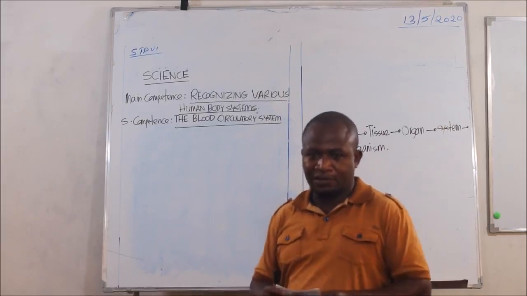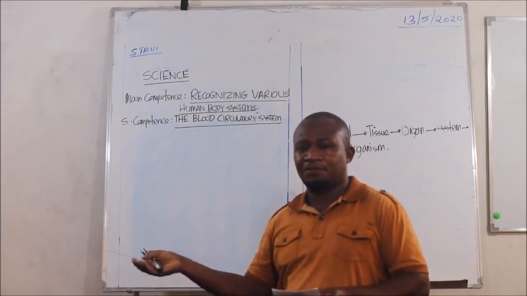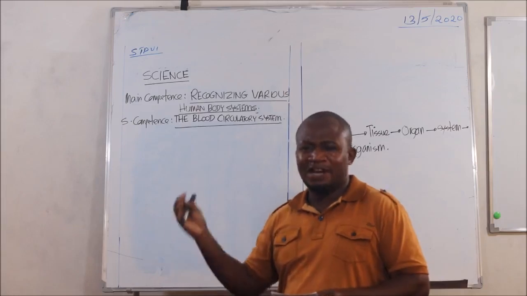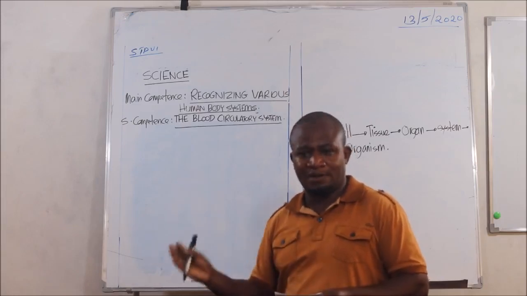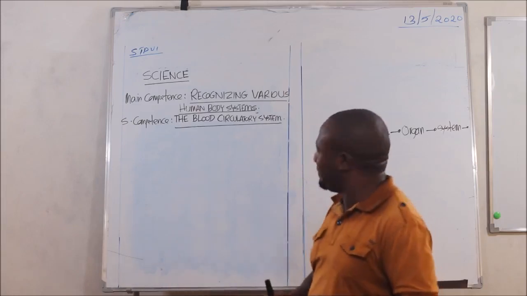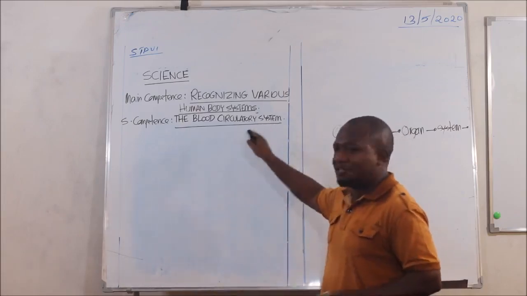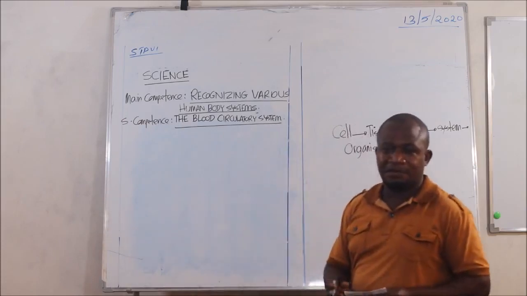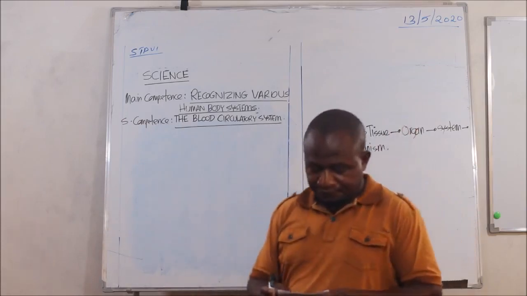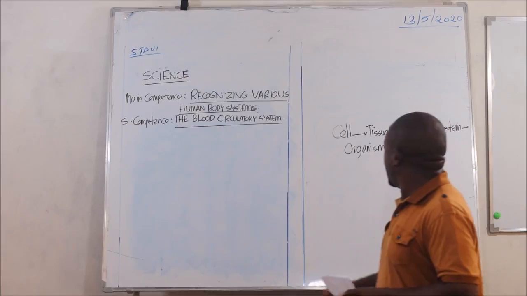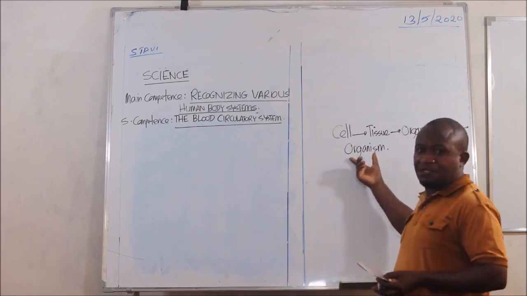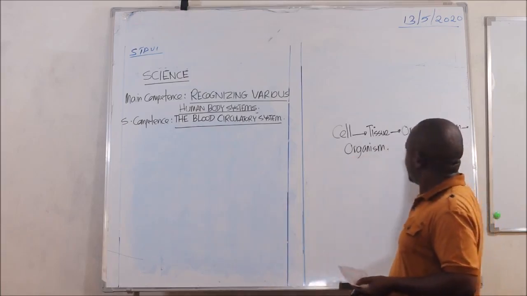Movement of blood in the body. The heart is the main pumping organ. So one of the organs in the blood circulatory system is the heart, the human heart. I hope the concept is understood on the meaning of the word system.